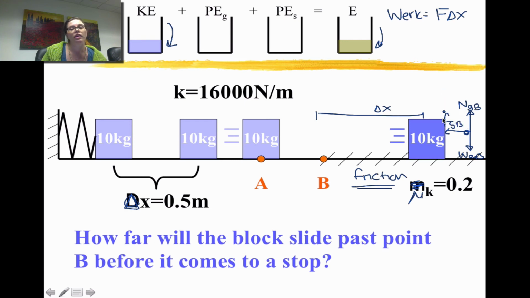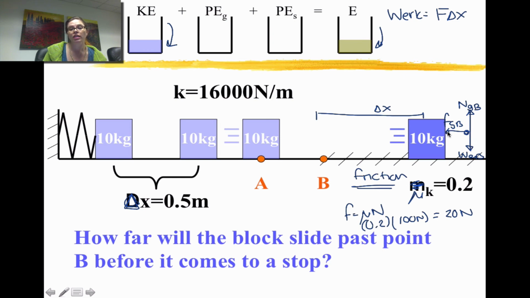Okay. So this friction is equal to mu n. Remember the fun equation. Mu is 0.2, and the normal in this case is equal to the weight, so that's about 100 newtons. So this is 20 newtons for the friction.